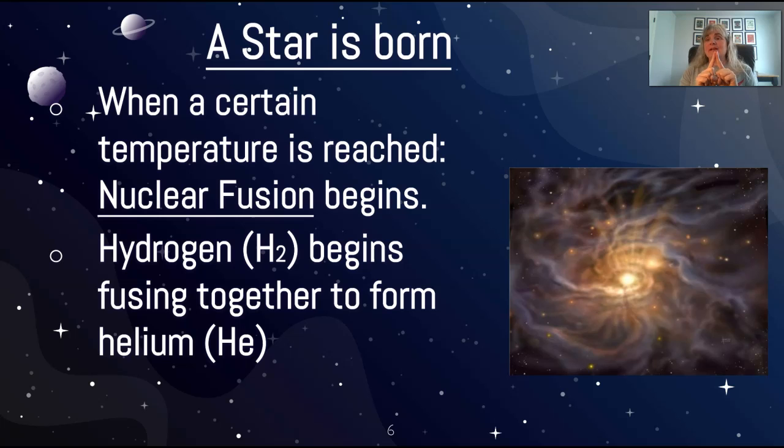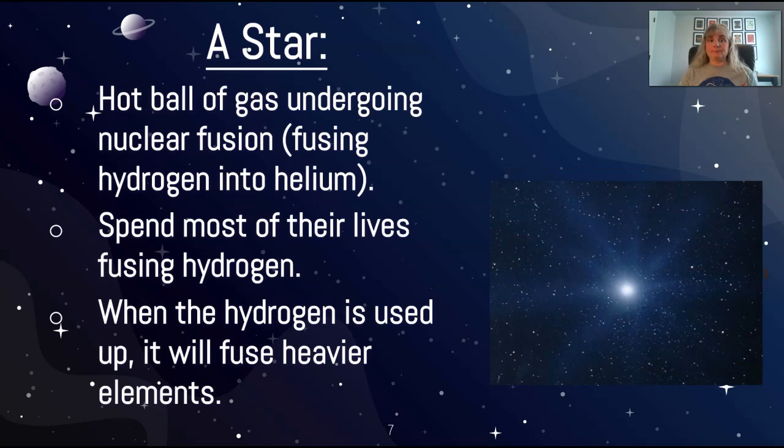Helium is the second element on the periodic table. It has two protons and two electrons. So the star is taking atoms of hydrogen and fusing them into helium, and that reaction produces light and heat energy. So a star is a hot ball of gas undergoing nuclear fusion.